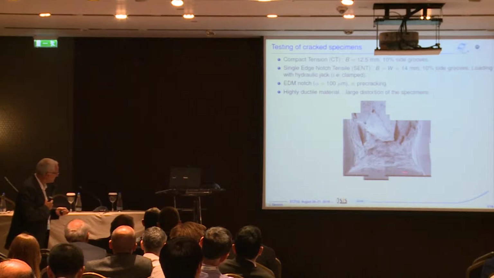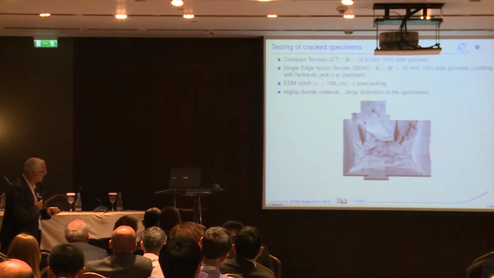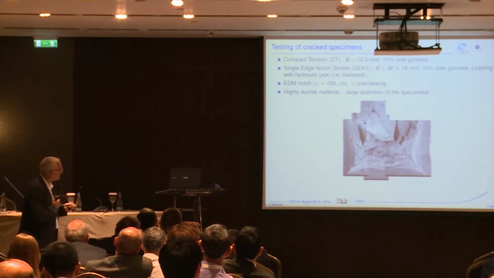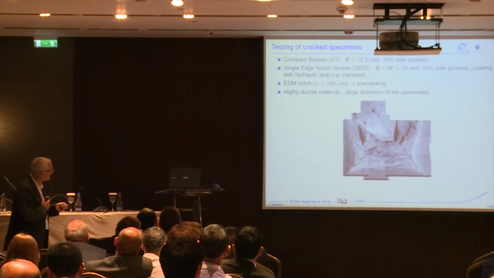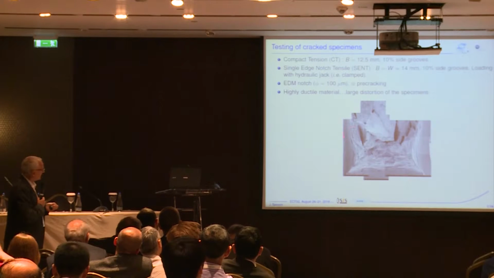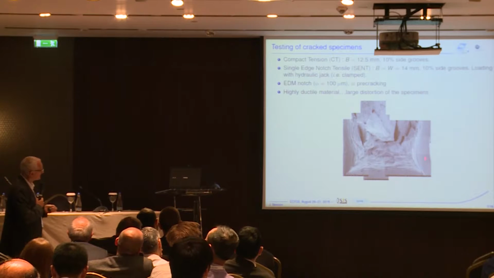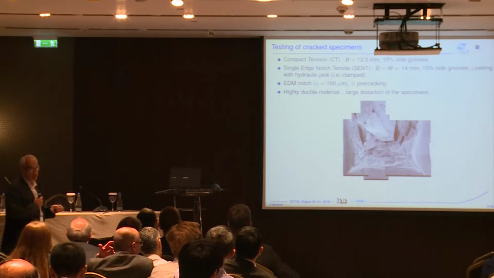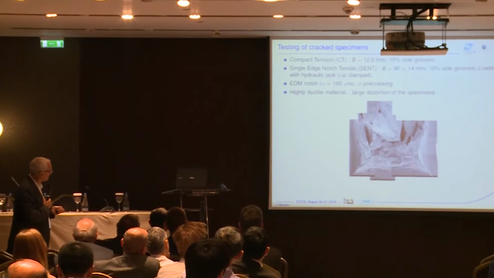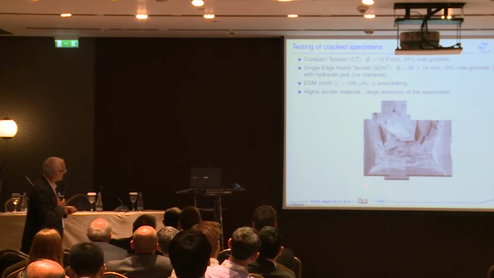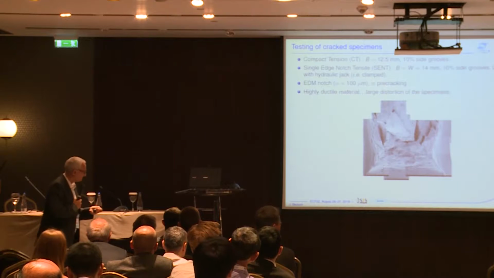So the initial EDM notch is about here. That's ductile crack advance, and the specimens were afterwards broken in liquid nitrogen, and that's this area here. What is obvious in this picture is that the specimen is very heavily deformed. Ahead of the initial crack tip, you see quite a lot of necking, and even the side grooves are deformed.